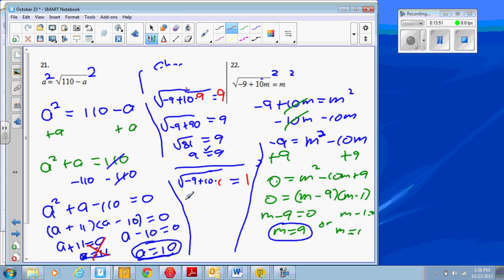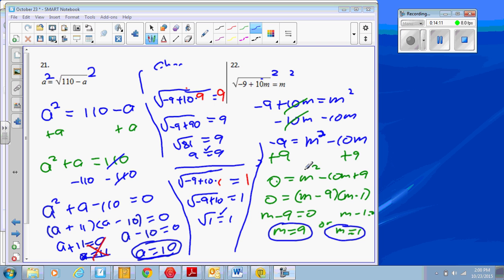So that becomes the square root of negative 9 plus 10 equals 1. Square root of 1 equals 1. That works as well. So in this case, we have two solutions. Sometimes we have one solution, such as over here. Sometimes two solutions. As I said, sometimes two answers, sometimes one, sometimes none.